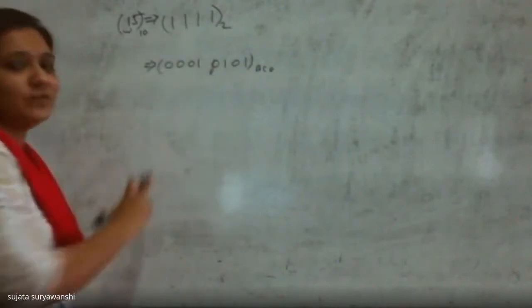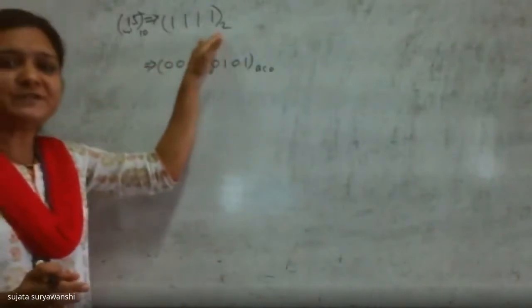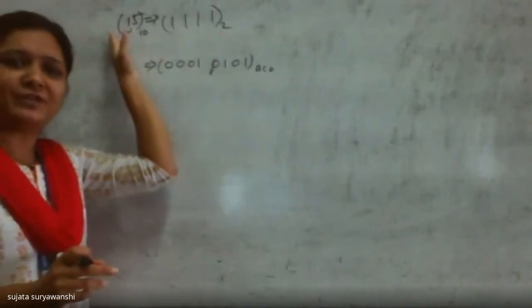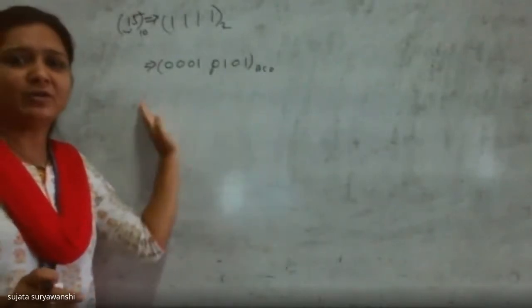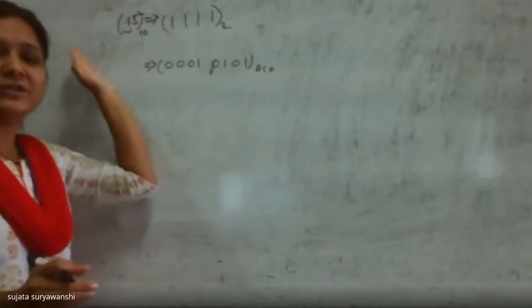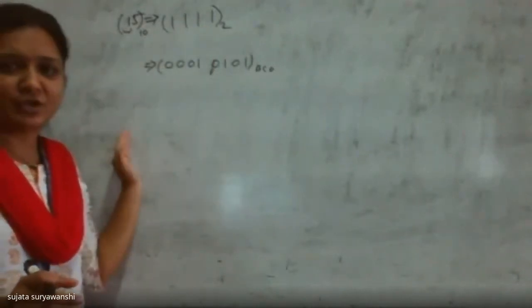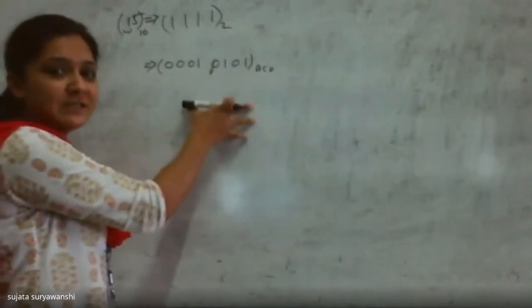So what do you comment on these two? If you consider binary, then fewer bits are required to represent 15. In case of BCD, a large number of bits are required as compared to binary when you represent any decimal number.